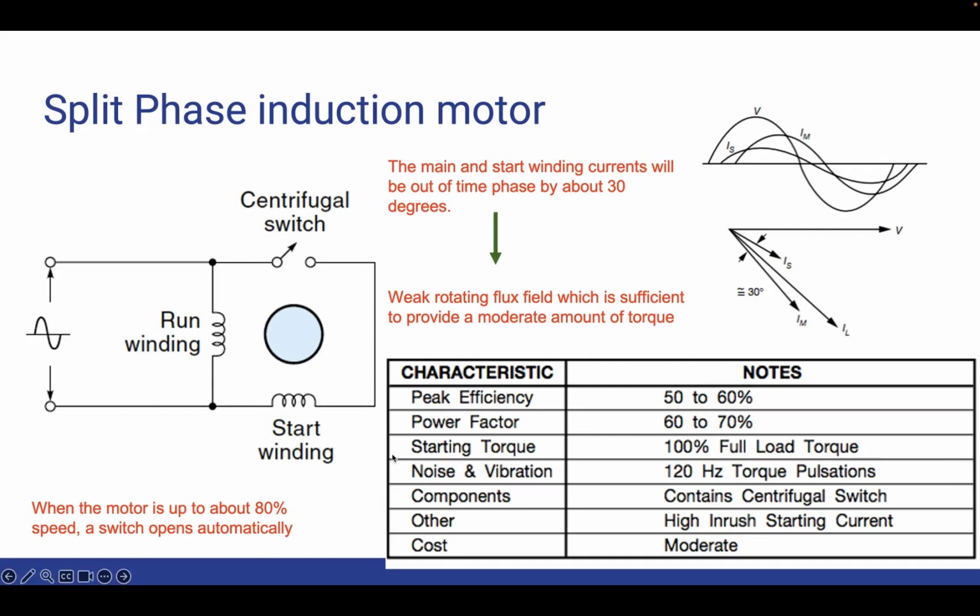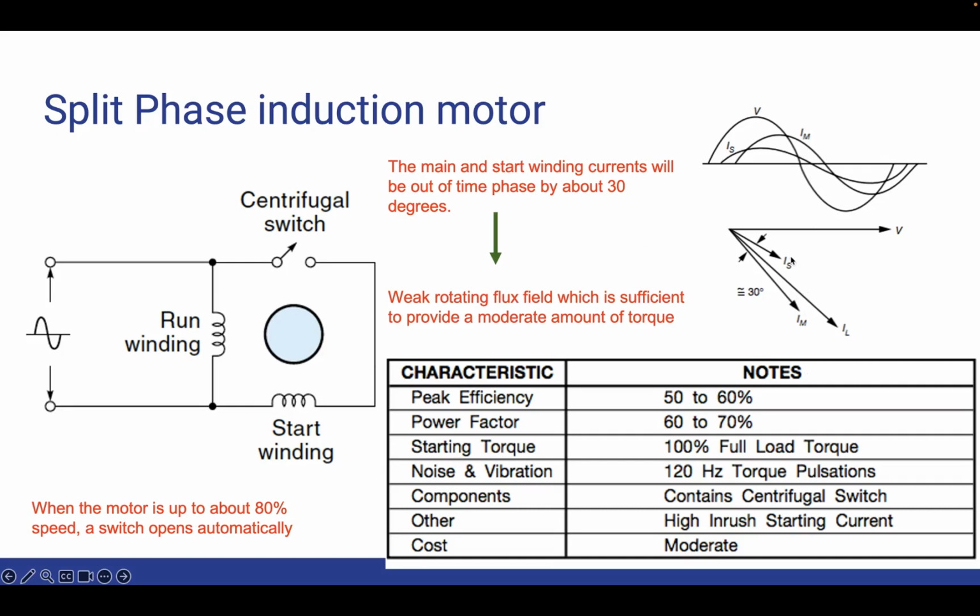The main winding, which is the run winding, is designed for operation at 75% of synchronous speed or above. The run winding is designed in such a way that the current lags behind the line voltage, because the coils embedded in the steel stator naturally build up a strong magnetic field, which slows the build-up of current in the winding. We can see this relationship between the line voltage and the line current in this figure.